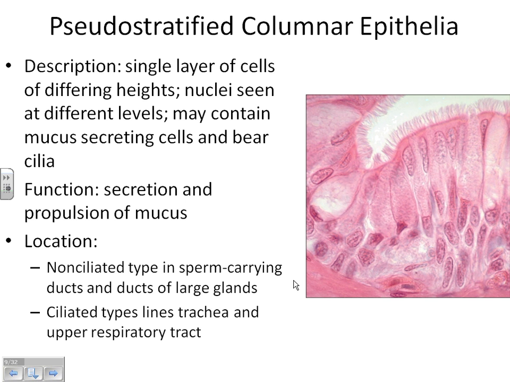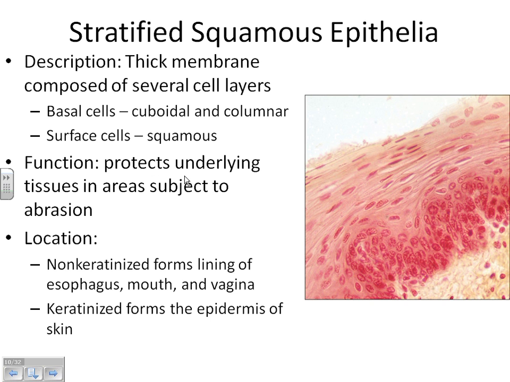And that cilia is one of your big key features that helps you know that's what you're looking at. When you see simple columnar, you're not going to really see cilia. When you see pseudostratified, you're going to see cilia. Okay? What system do we see this type of tissue? Respiratory. Very good.